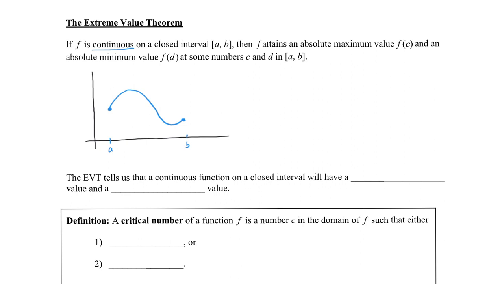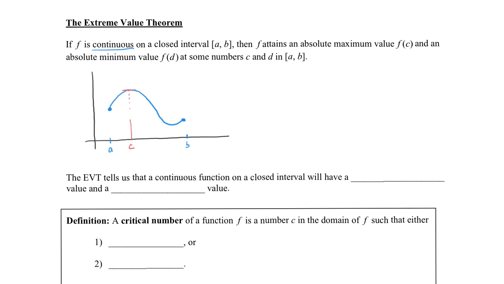So this just says it has to attain an absolute maximum and an absolute minimum at some points in this interval AB. You can see right here, we've got this point, we'll say this point C, there's a maximum here. The maximum occurs at this little peak there.